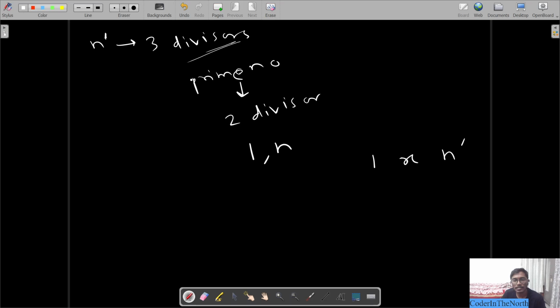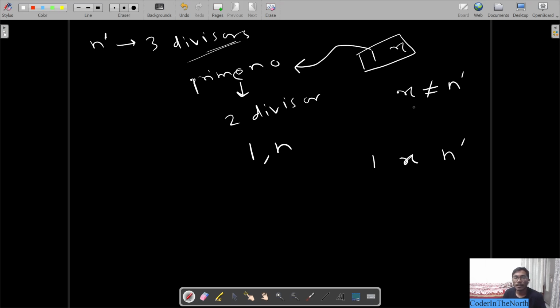But the thing we know is x is not equal to n dash. If x was equal to n dash, then the divisors would be just 1 and x, and if it has two divisors, it's a prime number.